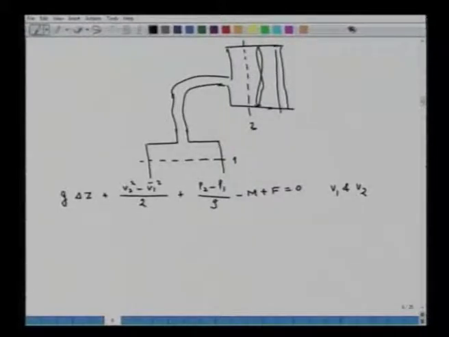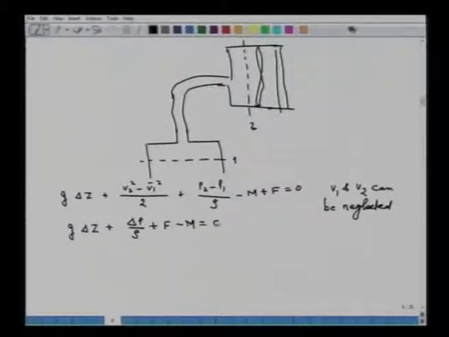Therefore, we can neglect them because of the location of plane 1 and plane 2. Then our equation will become g into delta Z plus delta P upon rho plus F minus M, that is equal to 0.